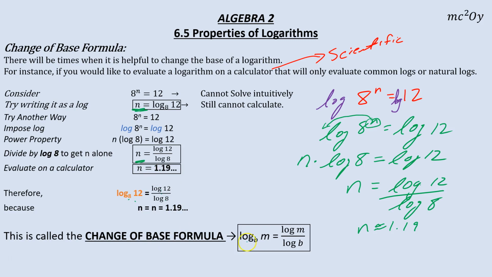That's the change of base formula. It says log base b of m is equal to log of m over log of b. The way I like to remember it, if it's in the basement already, the base goes to the basement. The bigger number goes on top. A single log becomes two logs. Please don't confuse this with the quotient property, where you are dividing and you have a single log.